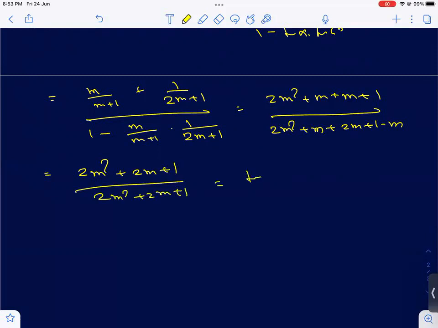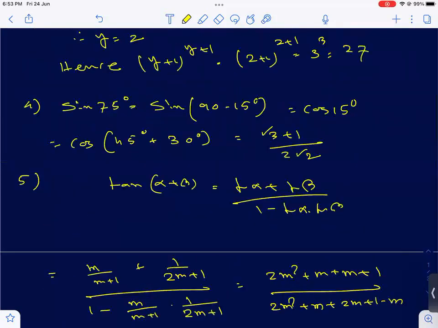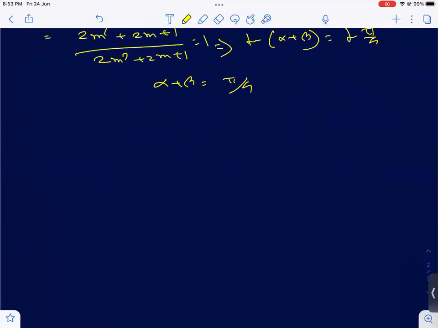Therefore, we can say it is coming 1. Therefore, tan(alpha plus beta) equal to 1, that is tan 45 degree. So alpha plus beta equal to pi by 4. So the option of the 5 is second option. Now, I am coming to sum number 6.